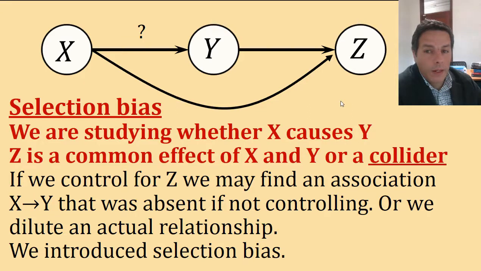So there is a tendency of statisticians and scientists, if we can measure variables, to measure as many variables as we can, and to control for as many variables as we can.